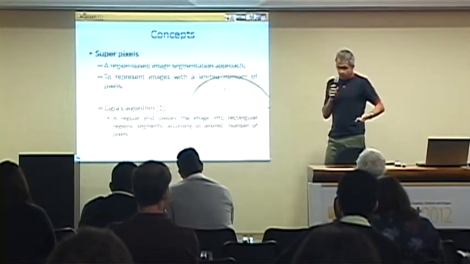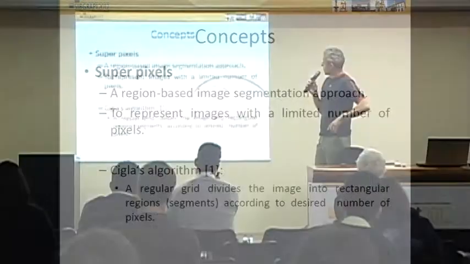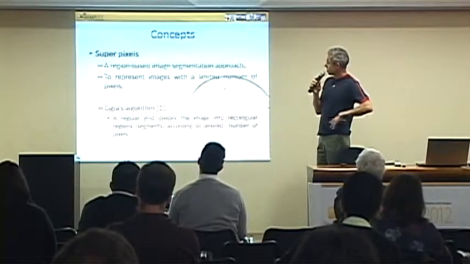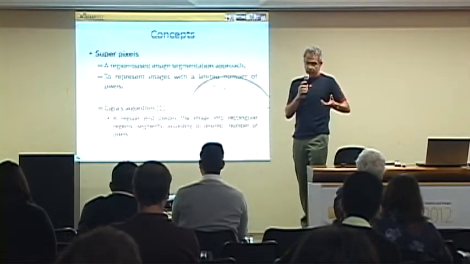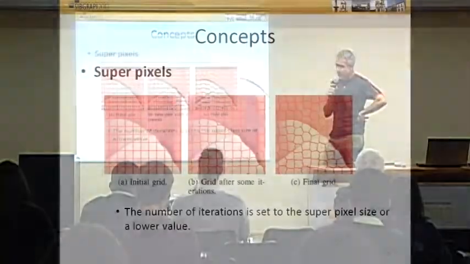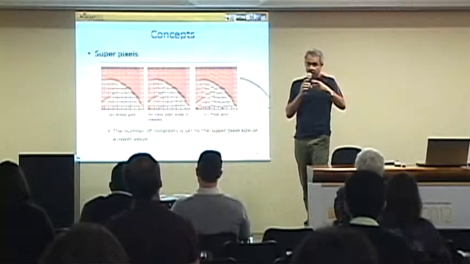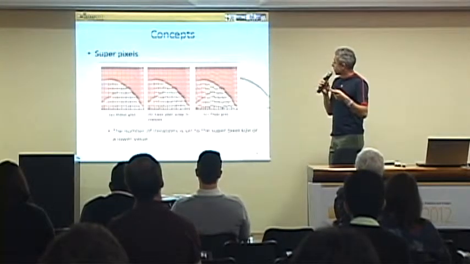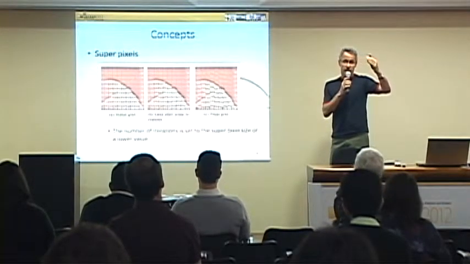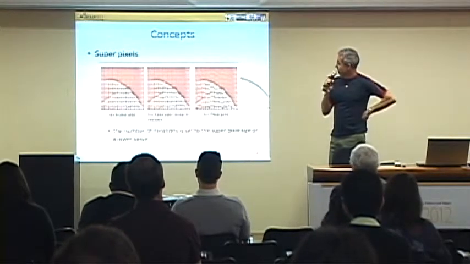So what is a superpixel? It's a region of pixels, and how do we go about calculating it? Basically, the technique starts with a regular grid, and then by an iterative process we try to adjust these regular grids to the boundary of the image itself.